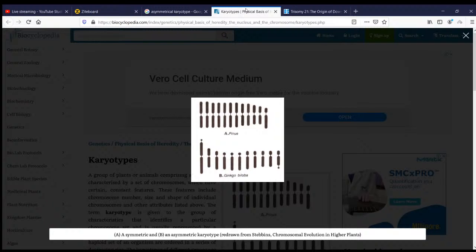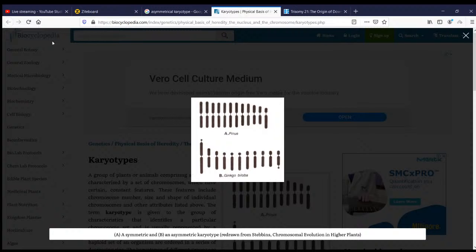Just look at this image, that is an asymmetrical karyotype. Now when we talk about an asymmetrical karyotype, what we really mean is a karyotype showing large differences between the smallest and largest chromosome of the set and having fewer metacentric chromosomes is called an asymmetric karyotype.